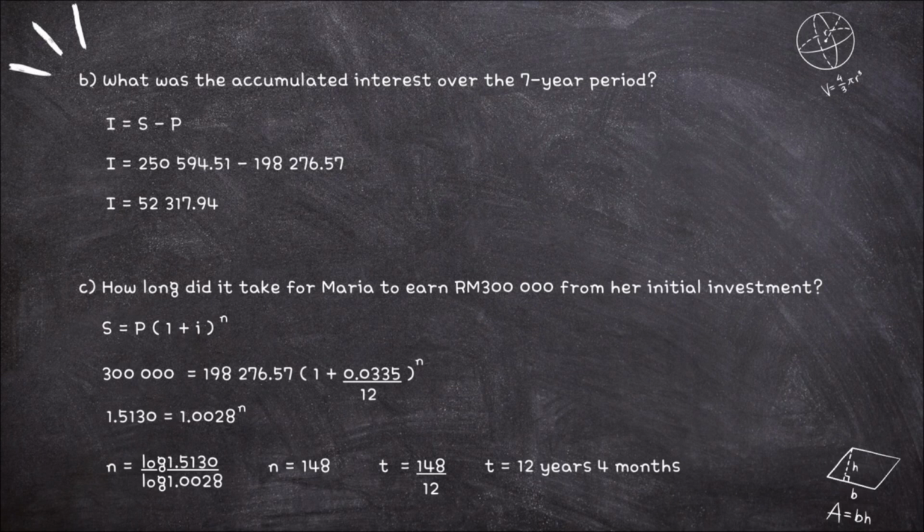We need to divide 158 by 12, so we will get T equals 158 divided by 12, and we get T equals 12 years and 4 months.